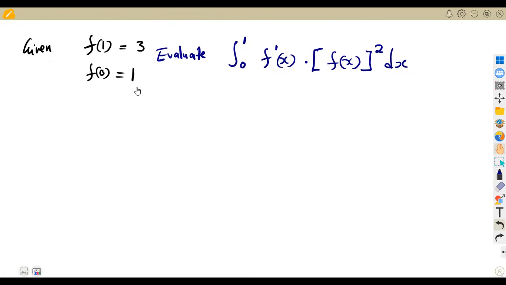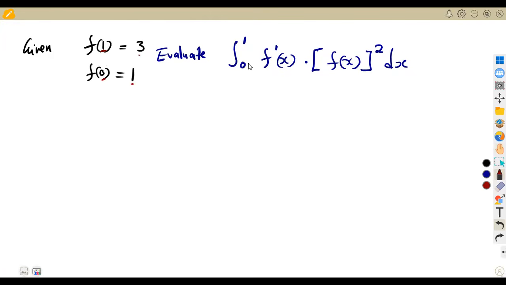All right, how do we play with this type of question? This is an application whereby you are supposed to work with the change of limits. If we take this information, they are simply saying if x is 1, we substitute and we get a 3. If it is a 0, we get a 1.